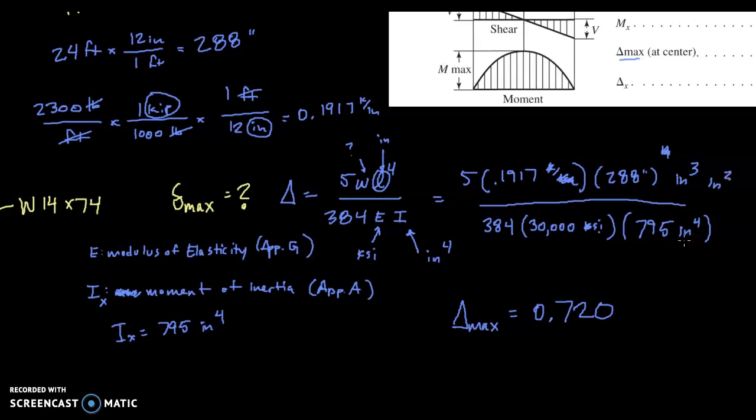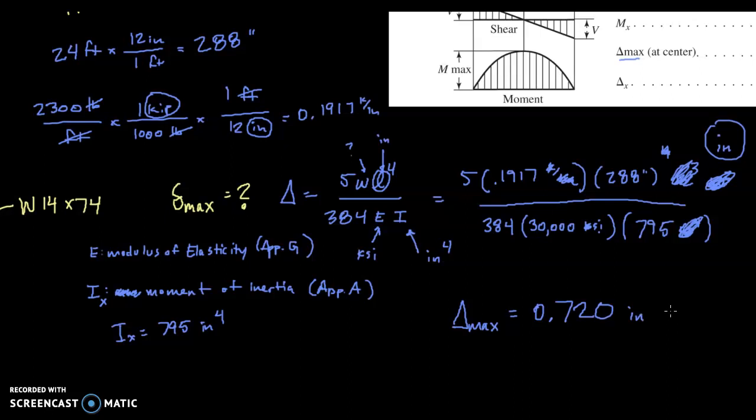And then I've got inches to the fourth here, and so 3 plus 2 is 5, take away 4, and what am I left with? Inches. So the inches to the third and the inches squared would give me inches to the fifth, divided by inches to the fourth, leaves me with just regular old inches, which is, after all, what we're trying to find here. How much does it deflect or sag in the middle?